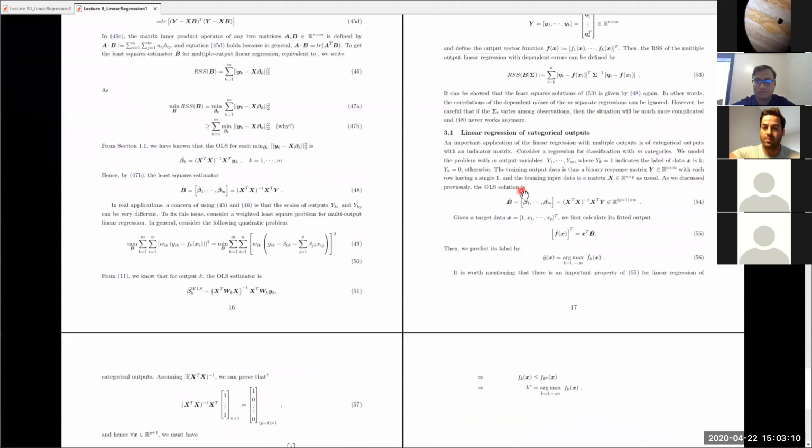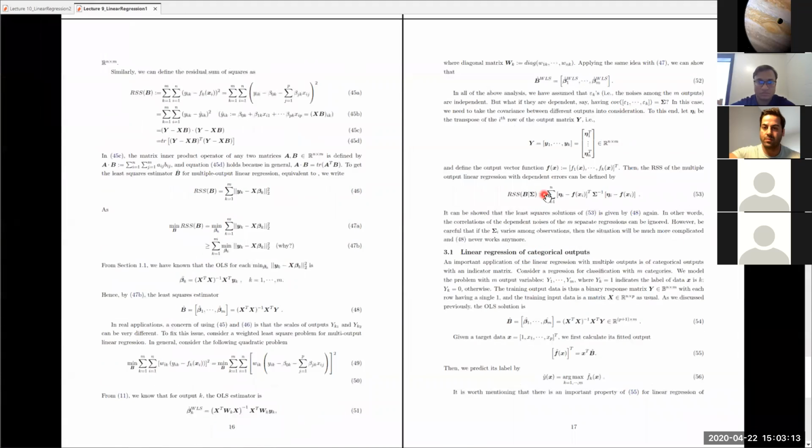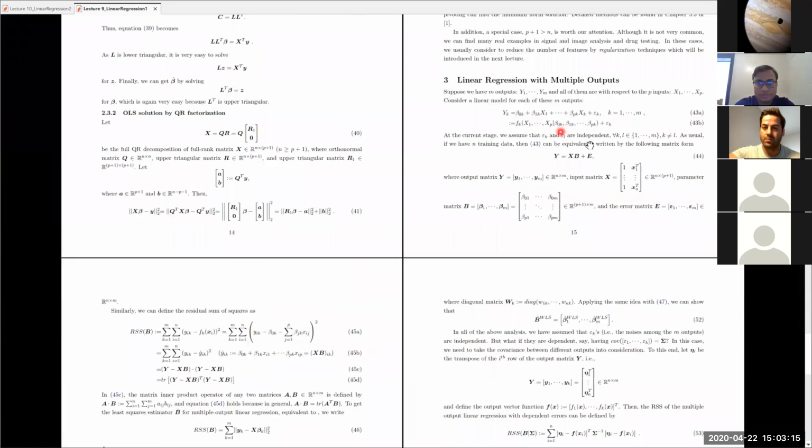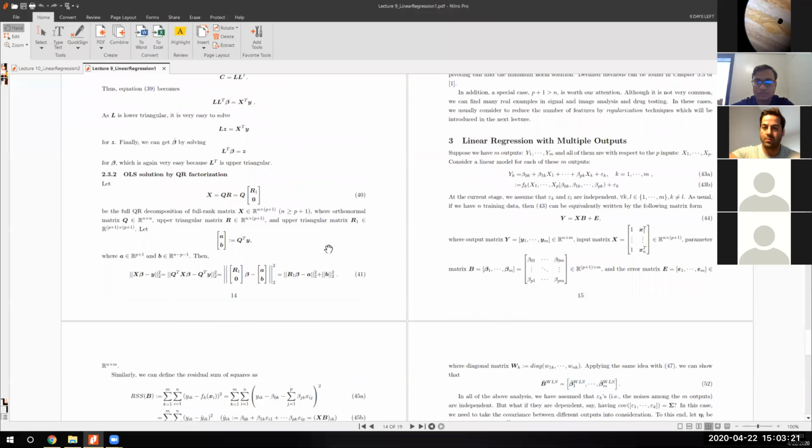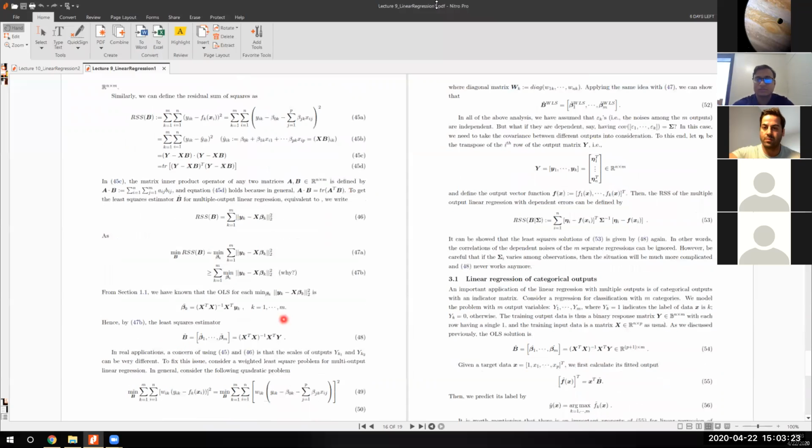We introduced the normal equations and the OLS solution, which is right here. And we discussed why this one works. The proof is right here, super simple.